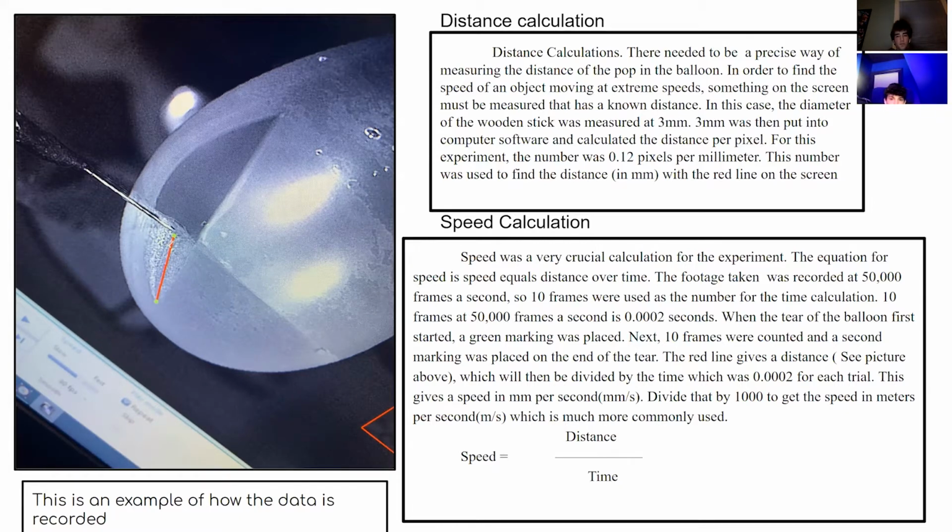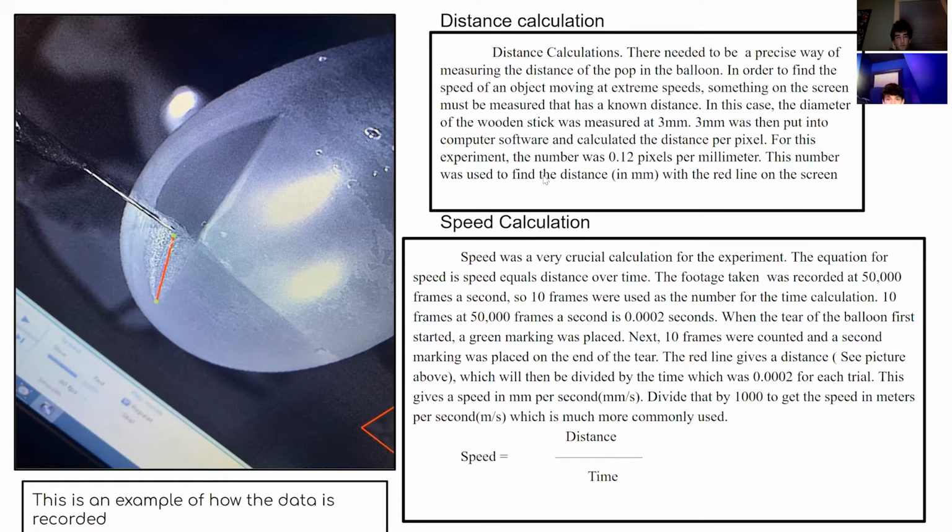And to calculate speed, speed was a very crucial calculation for this experiment. The equation for speed is speed equals distance over time. The footage was recorded at 50,000 frames a second, so 10 frames were used as a number for the time calculation. 10 frames at 50,000 frames a second is 0.0002 seconds. When the tear of the balloon first started, a green mark was placed, as you can see on the left in the picture.